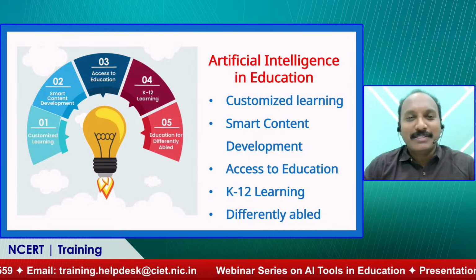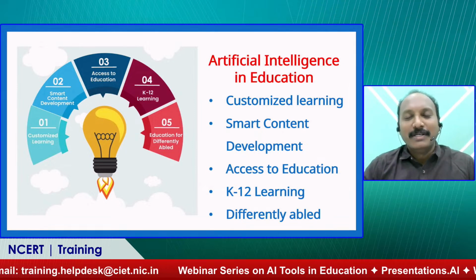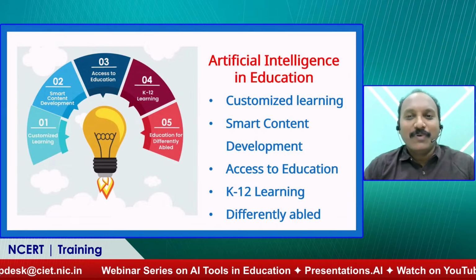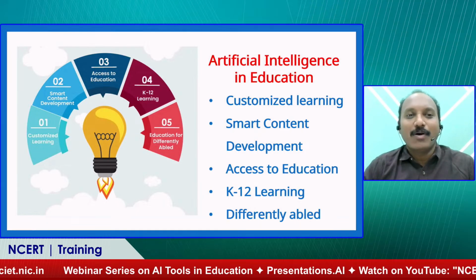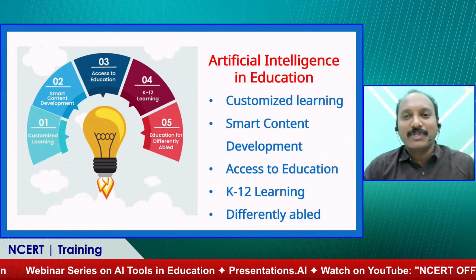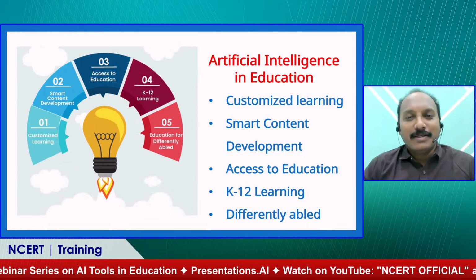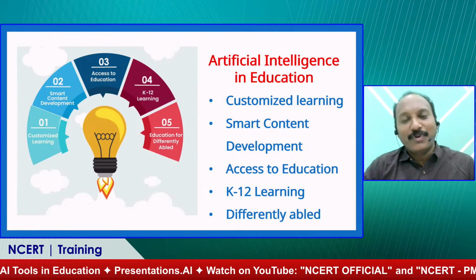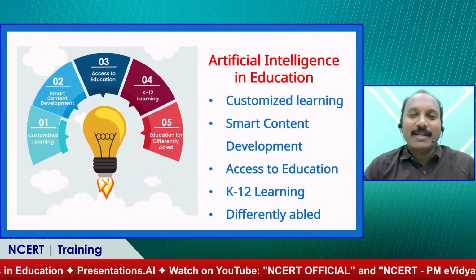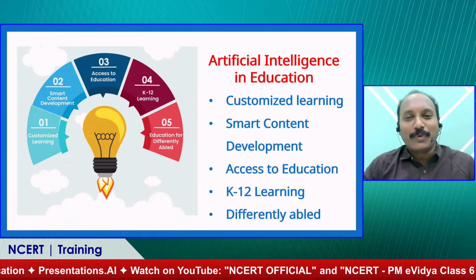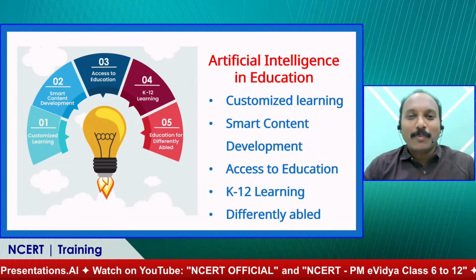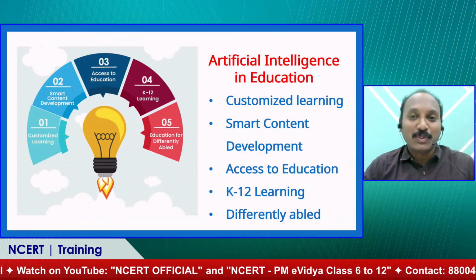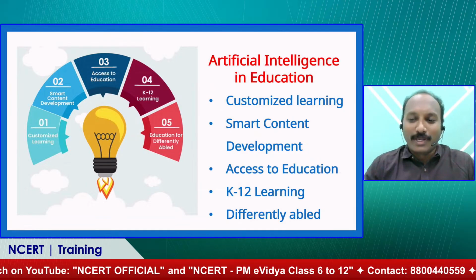This part, smart content development, I insist on, because the tool which we are going to see is Presentation.ai, which helps us in creation of the contents which are relevant to our topics. And artificial intelligence is also very helpful to get access to education, and from KG to 12th standard, it's very useful to us, as well as for education for the differently abled. So artificial intelligence has a major role in these five parts nowadays.